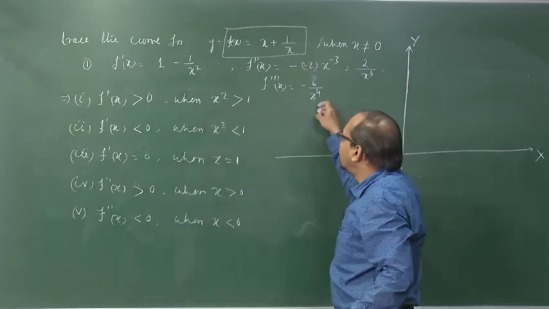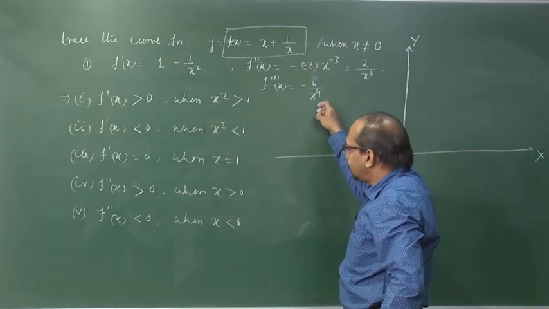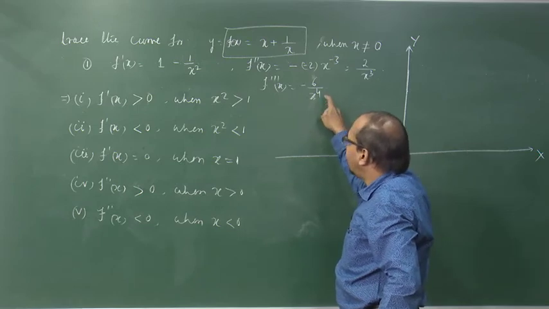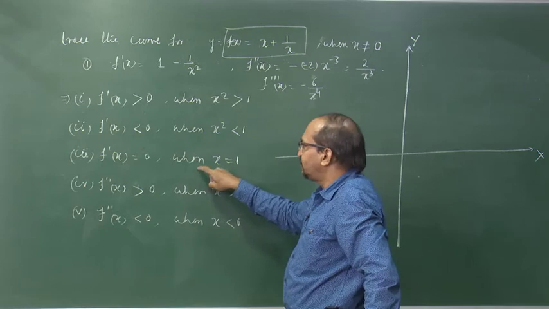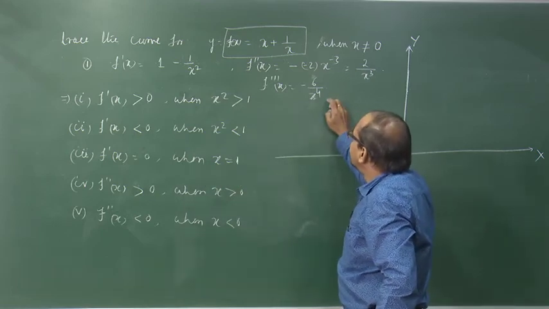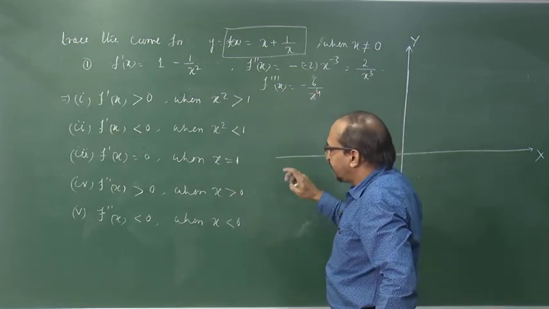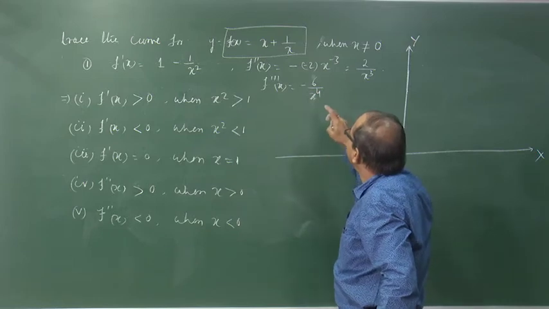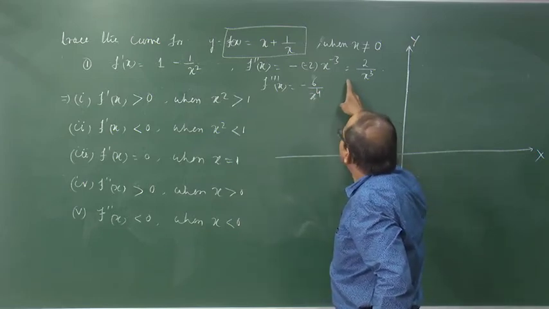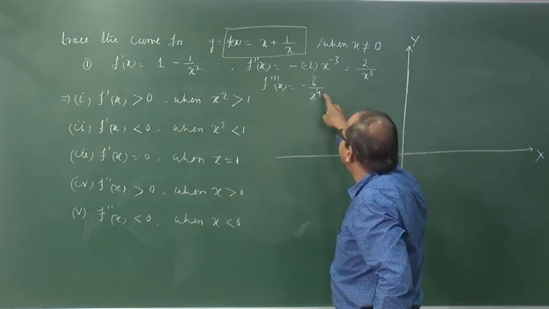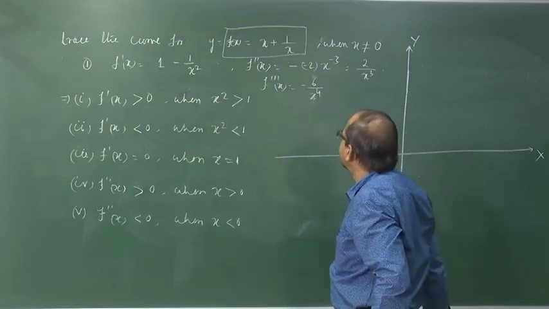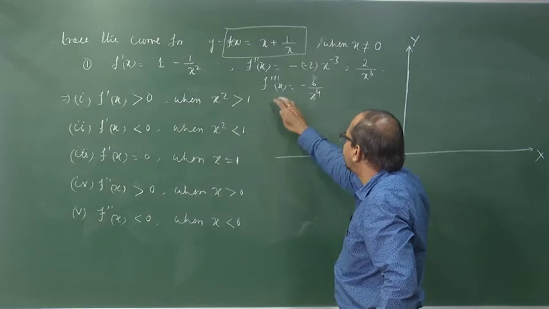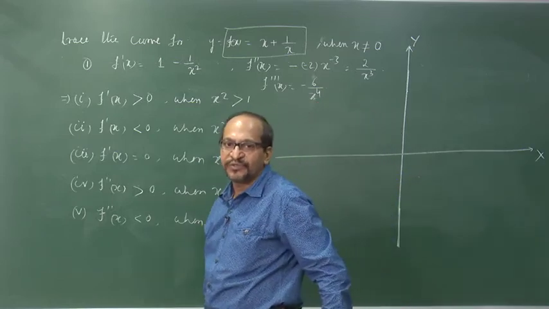So, you can see that at x is equal to 1, where the first derivative is 0 and the second derivative is equal to 2 by x cube, the third derivative is minus 6 by x 4, it is not also 0, right. At this point the third derivative is not 0.